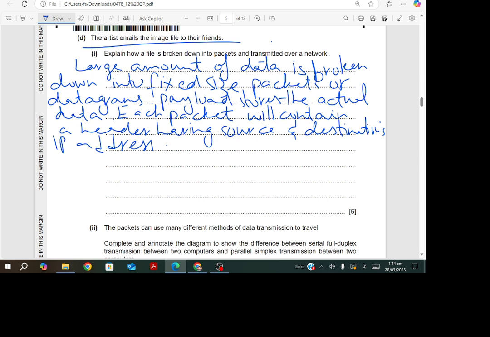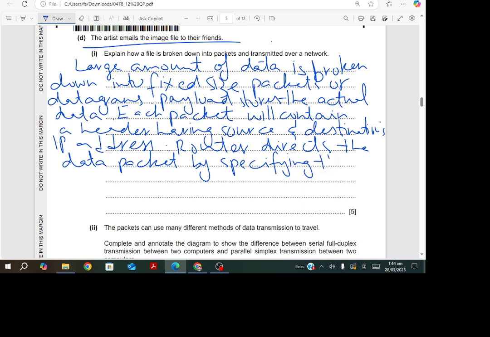So after that, the description about the router will direct the data packet by selecting the best available path, most efficient path. Router directs the data packet by specifying the best or efficient path. Two more points we can add.